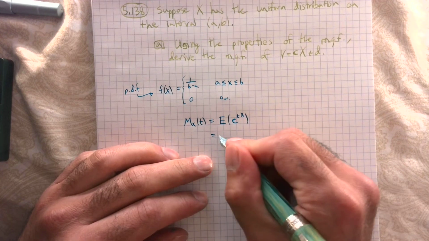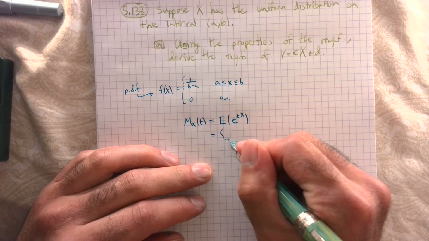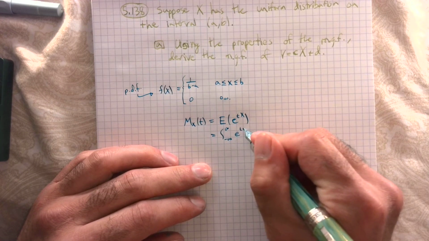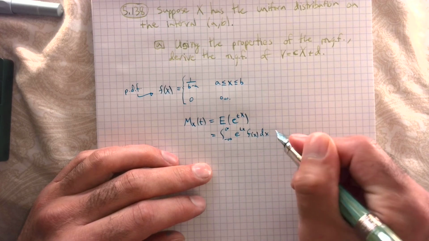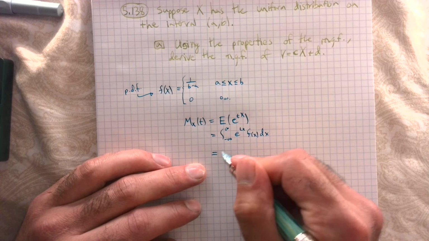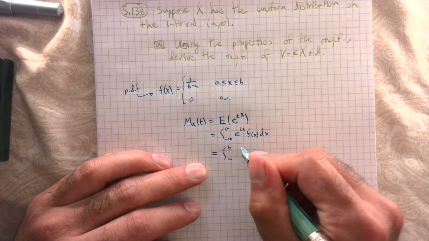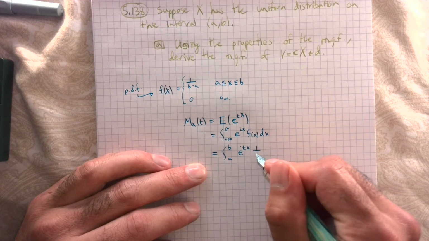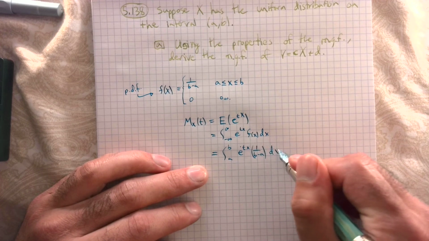So we're integrating from negative infinity to infinity of e to the t little x times f of x dx. And then this is going to equal, in our particular case, the integral from a to b of e to the tx times 1 over b minus a dx.